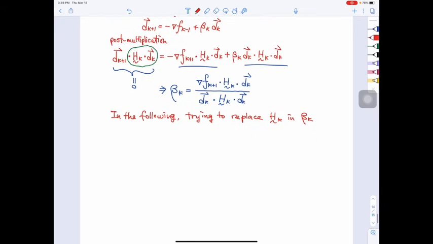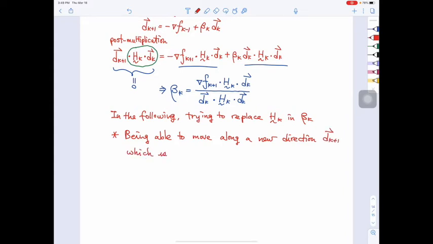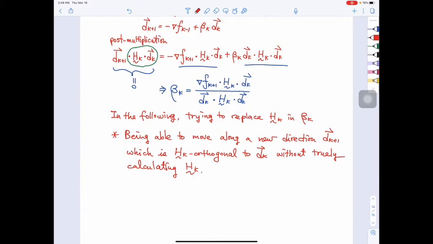So the beauty is being able to move along a new direction, for example dk plus 1, which is H orthogonal to dk without truly calculating H. Actually this is what we wish this algorithm can achieve.